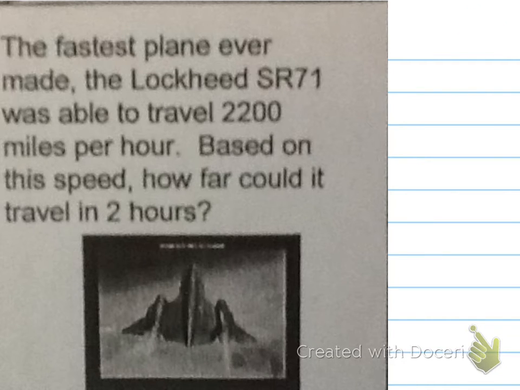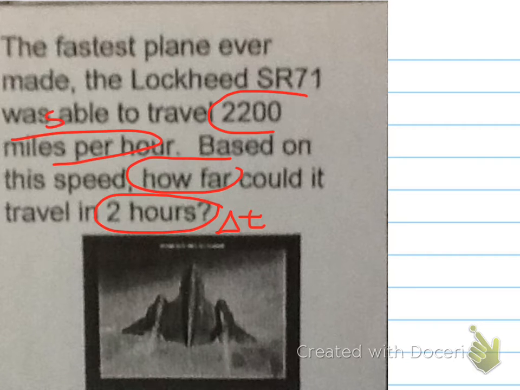The fastest plane ever made, the Lockheed SR-71, was able to travel 2,200 miles per hour. Based on the speed, how far could it travel in 2 hours? So this is a little bit different one, right? Because we want to know how far. They give us the change in time, and they tell me my speed. Remember, on the notes that you took, we did the manipulation for this.